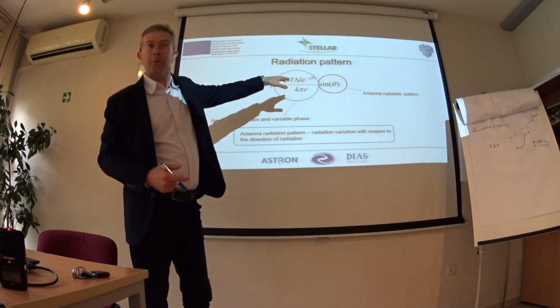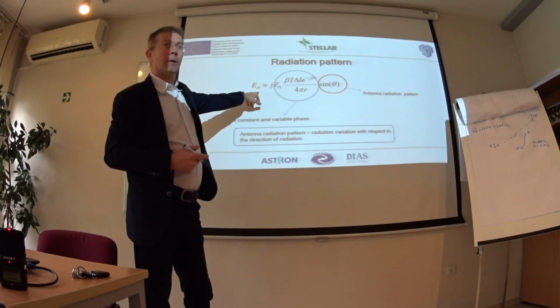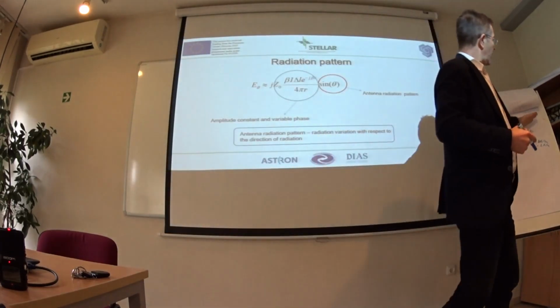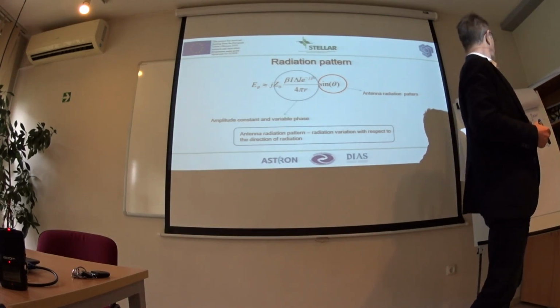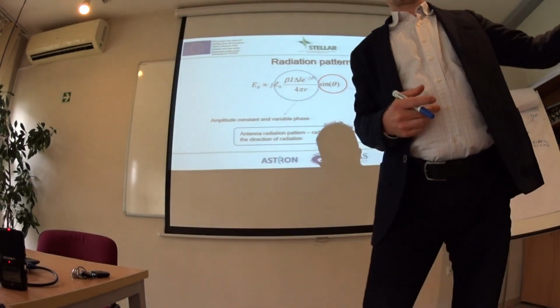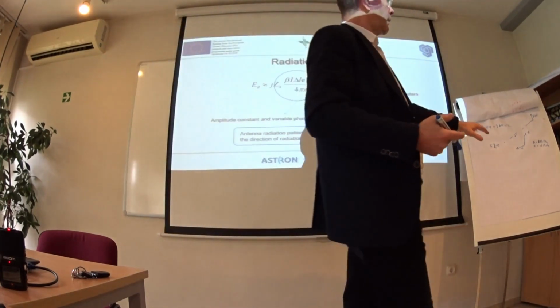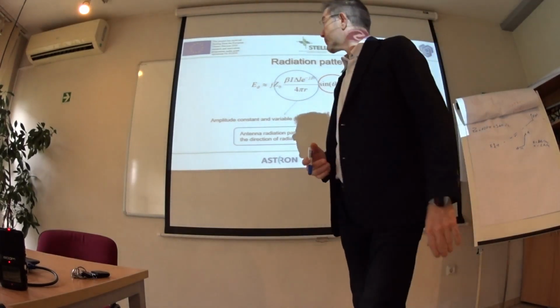If we are not far enough, we'll be in the near field, and we have an E R component in this direction and a component in the direction of propagation. But if we are far enough from the source, we will have only the E theta component.